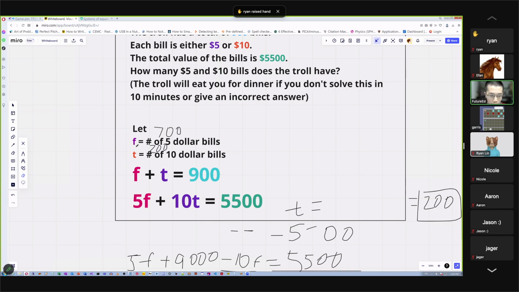If we know that F is 700, we can plug it in here, right? What about T? If T is 200, then we can plug it in here too, right? So what's F again?